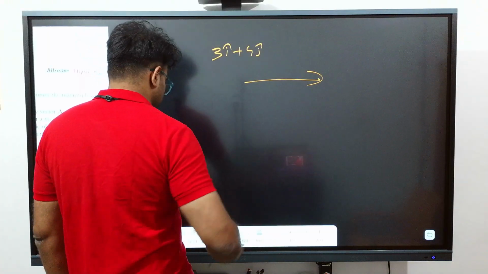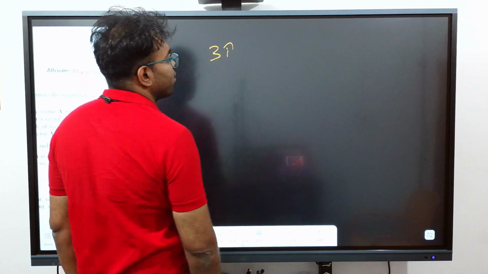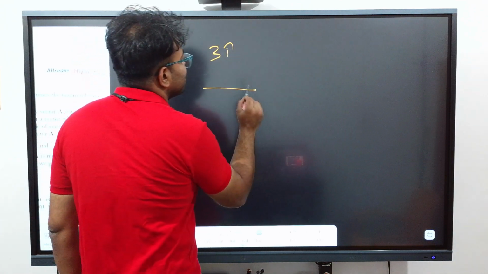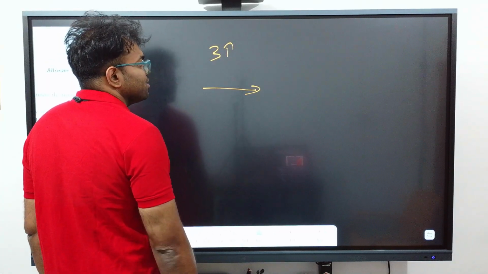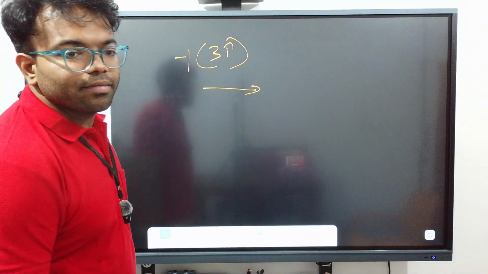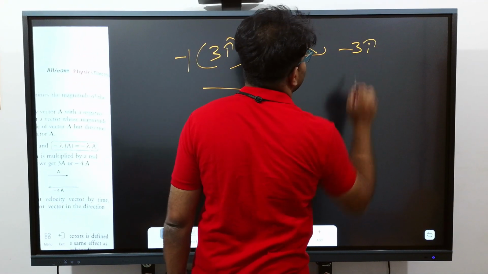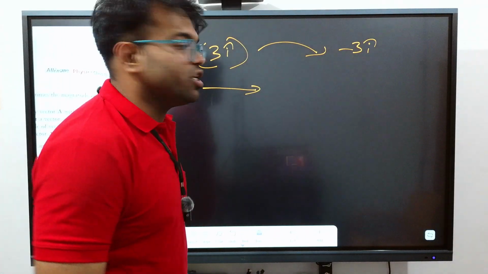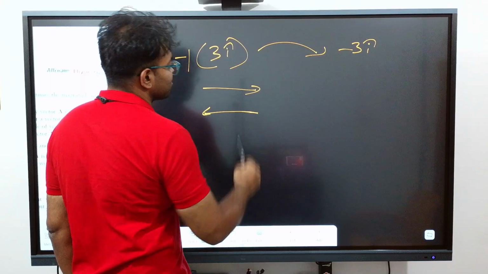If you want, I can make it simpler. So it is just 3 i cap, representing a magnitude of 3 units in the horizontal x direction. Then if I multiply this by minus 1, I will get minus 3 i cap, and this will automatically change my direction. Instead of getting a value like this, I'll get a value like this.